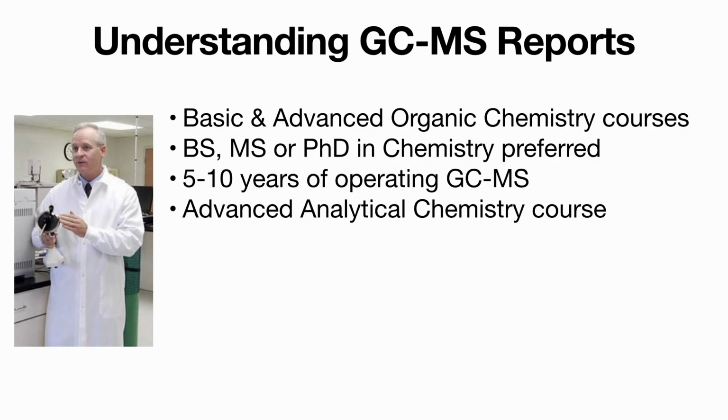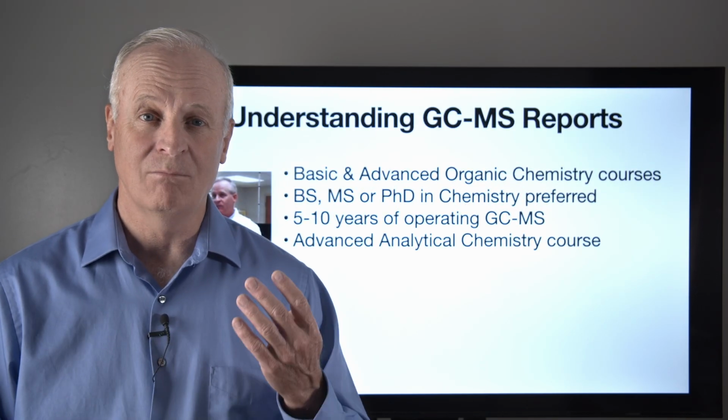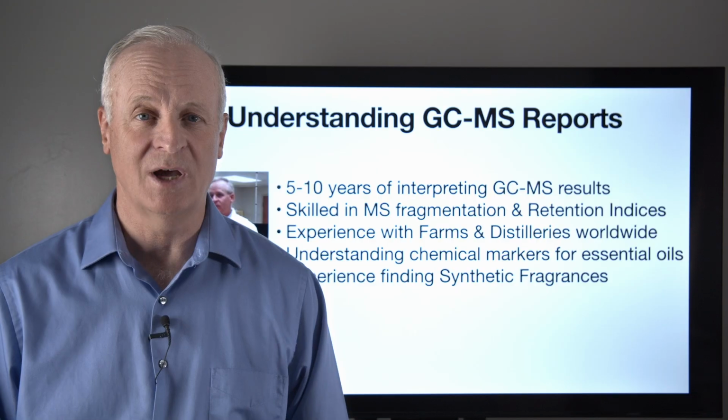Second, you need a bachelor's degree, a master's degree, or a PhD. This will help you immensely. Third, you need 5 to 10 years of experience operating a GCMS. Fourth, you need to take an advanced course on analytical chemistry to understand the GCMS. So there's 4 things that most people in the population do not have.